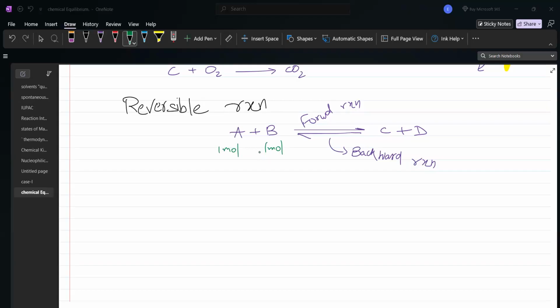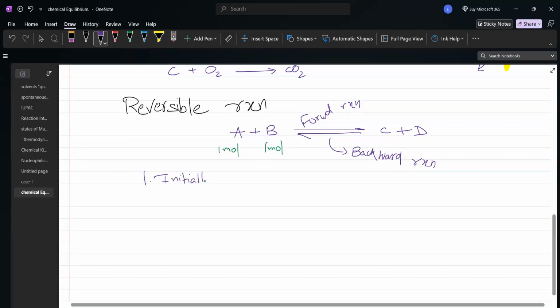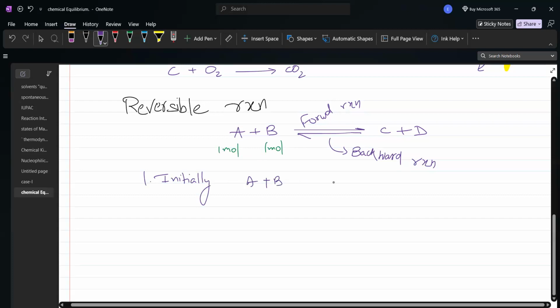We will go step by step. Initially, A plus B are reacting and forming C plus D. Obviously they will form C plus D. So this is a forward reaction.